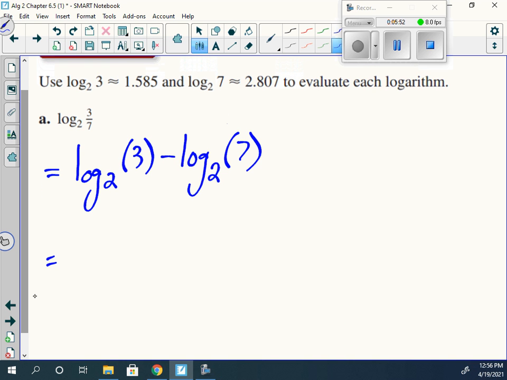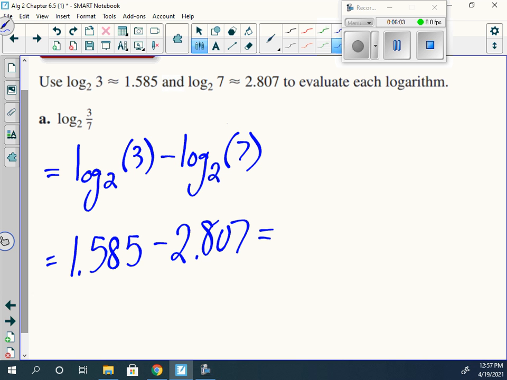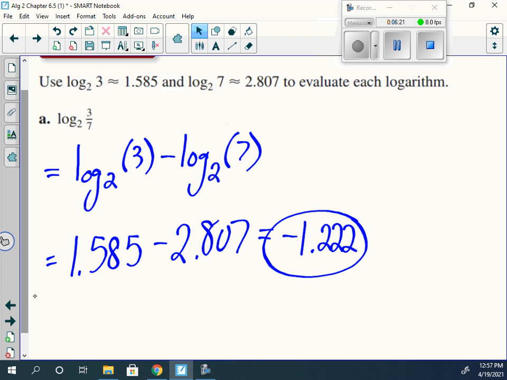Now, log base 2 of 3 is 1.585. Log base 2 of 7 is 2.807, which at this point we can plug into a calculator and figure out our answer, which I think should be negative 1.222.